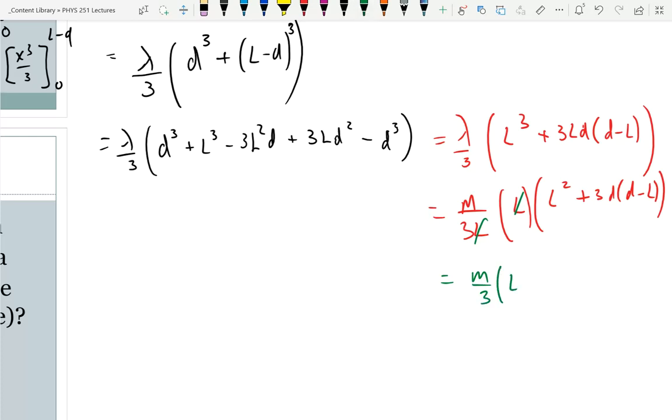That's a square. That's the simplest way to write it. So if D is 0, then it's going to be ML squared over 3. And if D is equal to L, it's also going to be ML squared over 3.